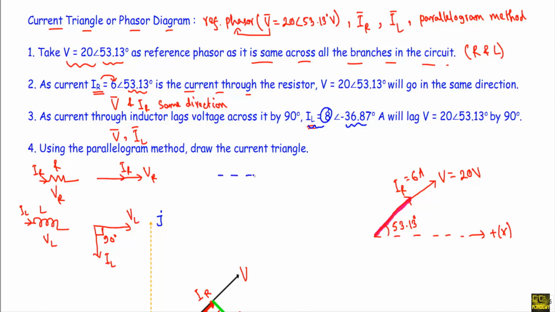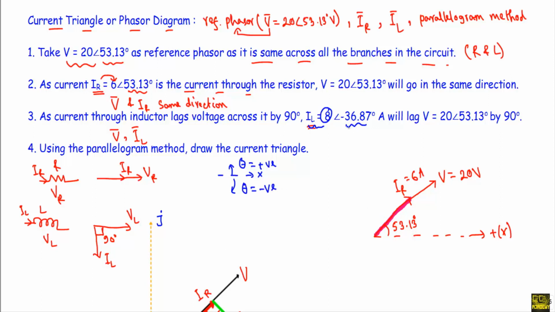See, if I have plus x axis, if I move in the counterclockwise direction, the created angle theta will be positive. If I go in the clockwise direction, the created angle theta will be negative.